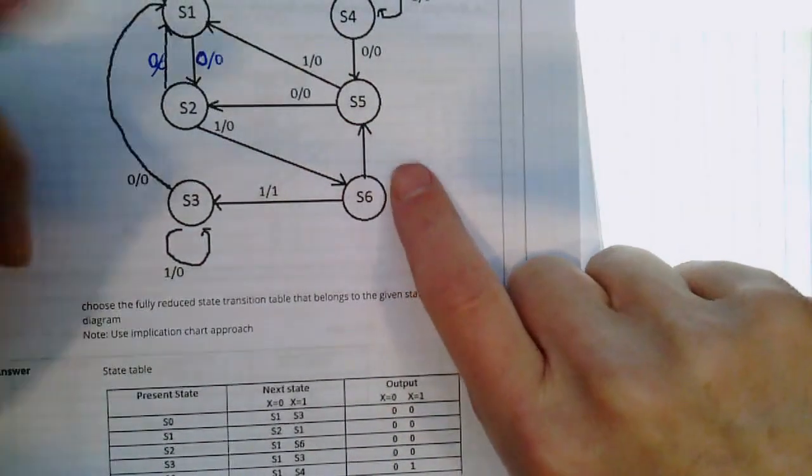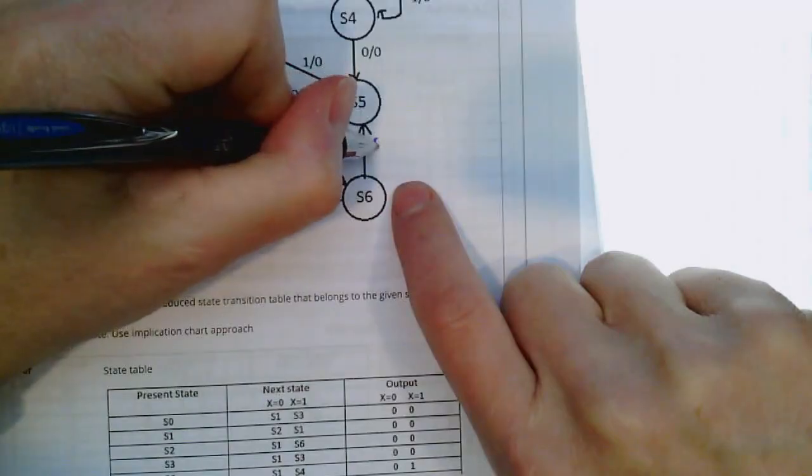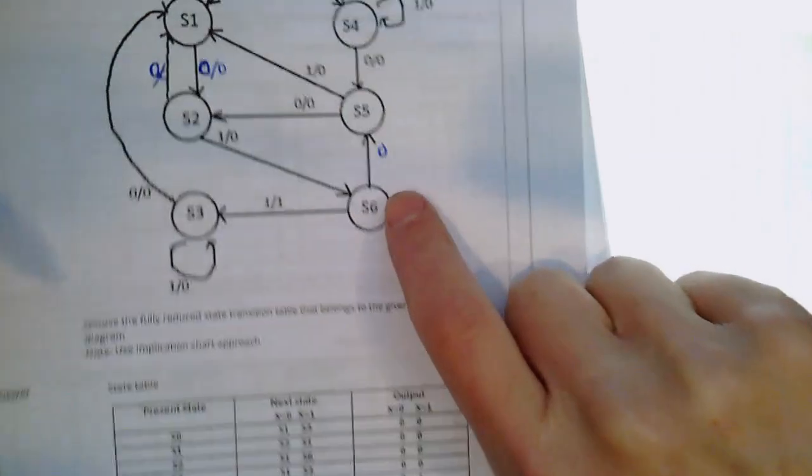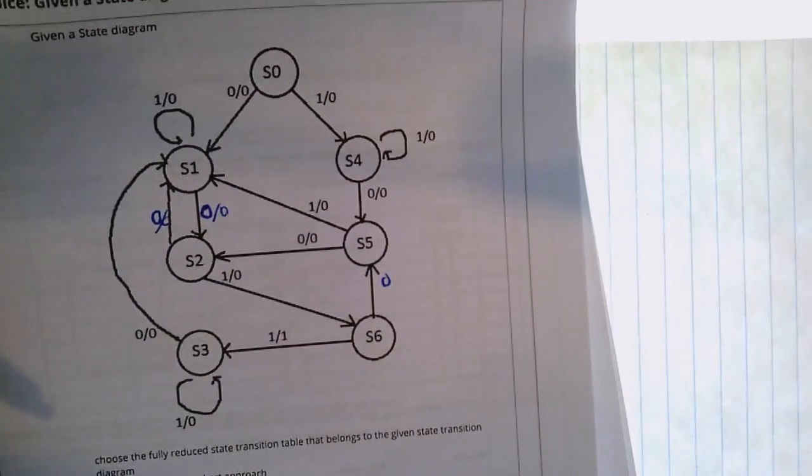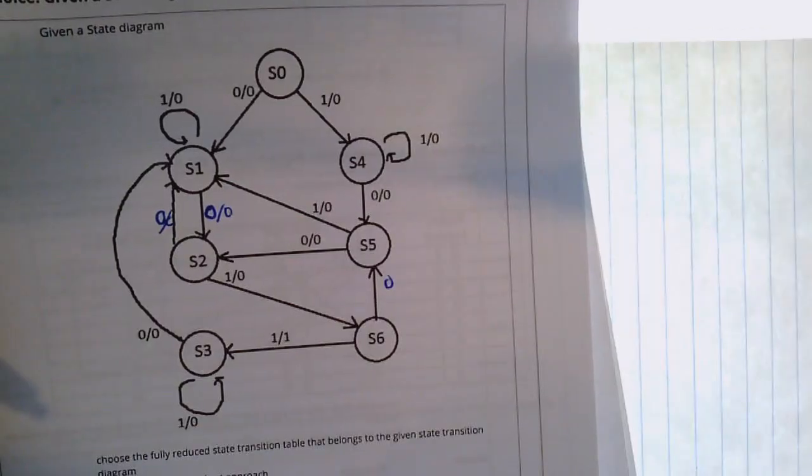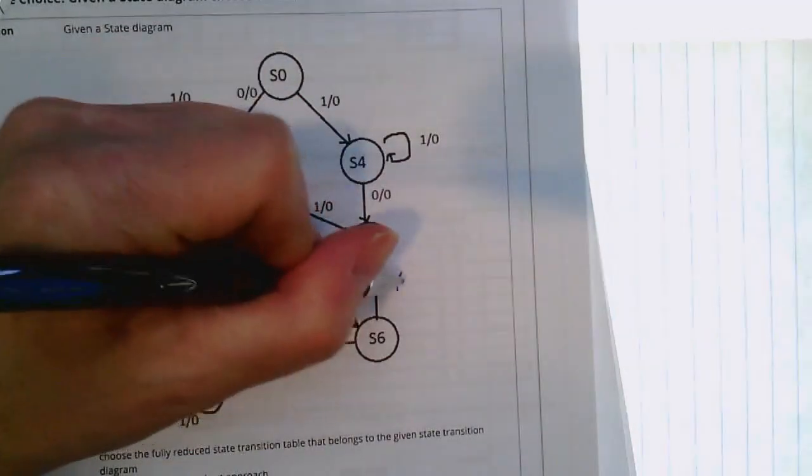For S6, see, here's another blemish in the diagram. That should be labeled as a 0. And near as I can figure, for S6, the output should be a 0. So there's another blemish.